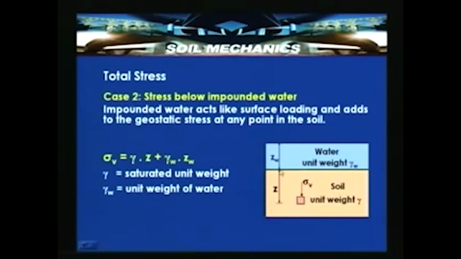So, how can this be determined? Sigma V is equal to gamma Z plus gamma W ZW. Now, the vertical stress at a particular depth Z below the ground surface is given by gamma and Z, where gamma is the unit weight of the soil and Z is the depth within the soil, and ZW is the height of the impounded water and gamma W is the unit weight of water.